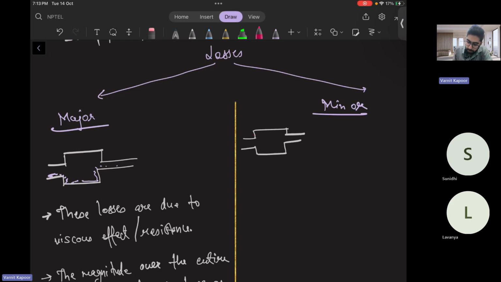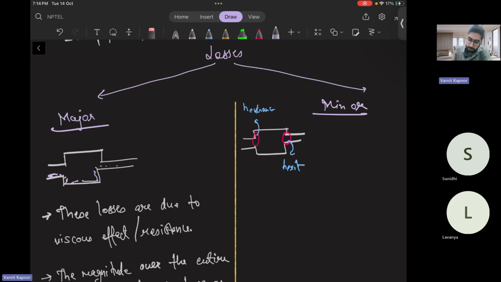Here, if you see sudden compression or sudden expansion, there is a loss. So there is H at entrance, H at exit, or expansion you can say.